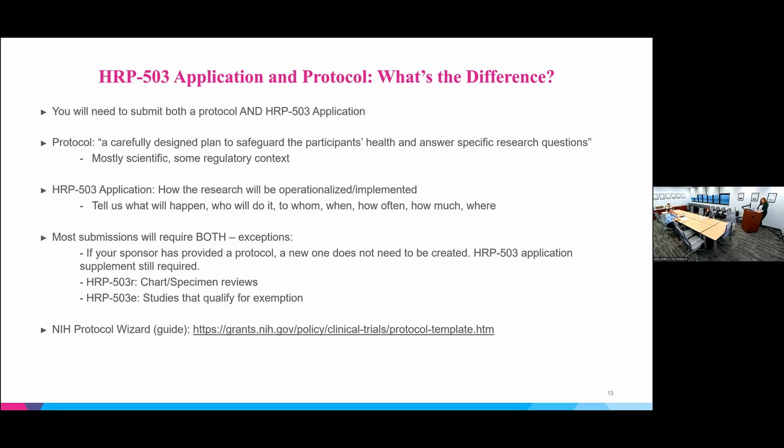If you take a look through that and you're not sure if your study fits into a category, it's always best to just reach out to one of us in the office and talk it out, to make sure that we're sending you down the right road, that you don't waste time filling out the wrong template, and so that everything's squared away. The 503E, again, stands alone and doesn't require a separate protocol document. All of these templates are available in the library, which hopefully I'll have some time to show you.